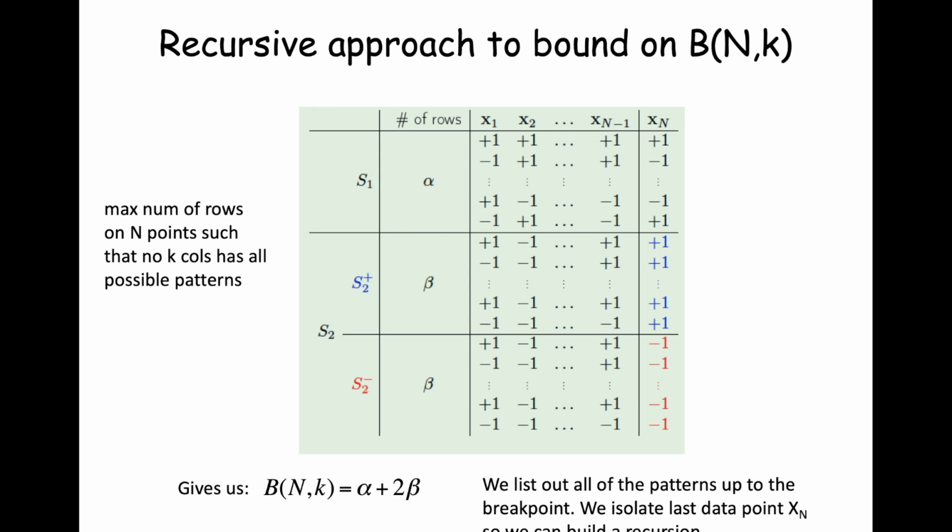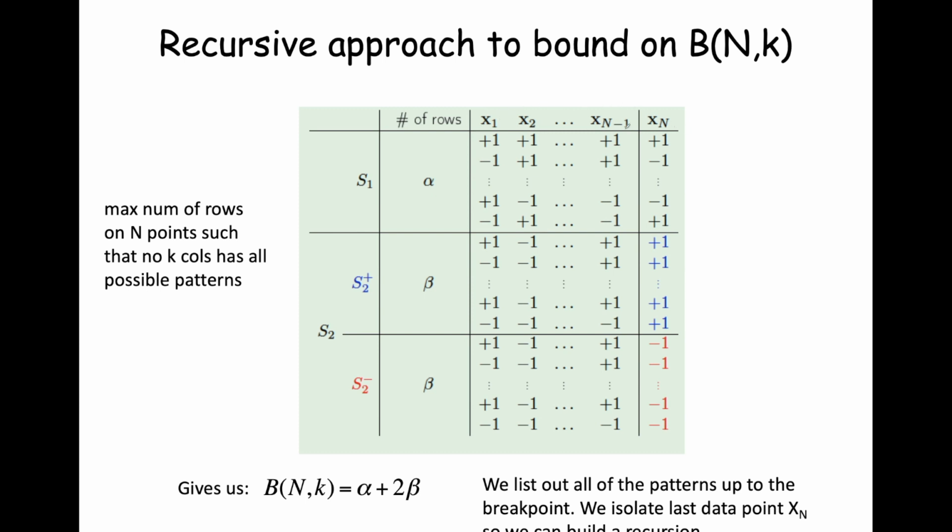And so here we construct a table. And in this table, along the columns, we're going to depict each of our in-sample points. So we have x1, x2, all the way up to including xn. And so this is going to be our data across the columns.